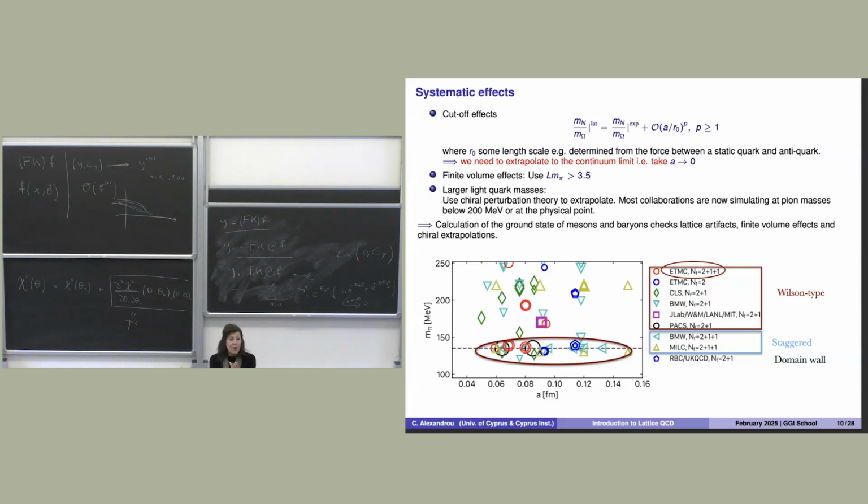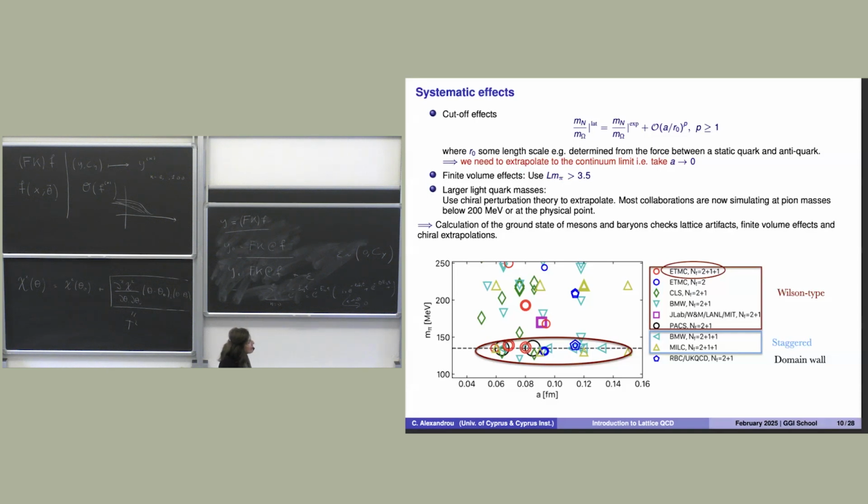So a priori, I put in a bare parameter. I don't know what the result will be before I do the calculation. So I guess an input parameter, then I compute the pion mass, and I iterate this. And this is expensive. And sometimes I fail to hit exactly, really exactly, the physical pion mass. That's why there are small variations here, okay?